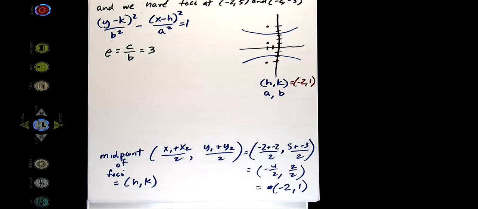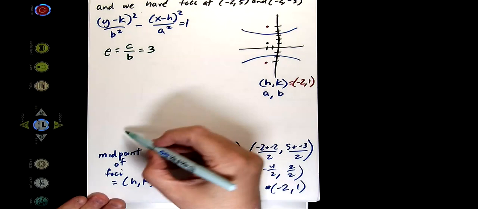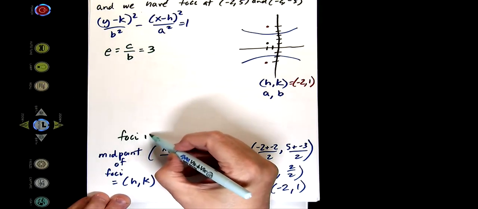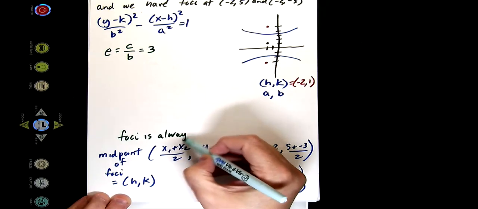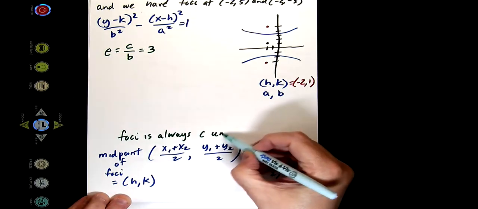How far away are the foci from the center? In general, not for this problem, but in general, the foci are always C units from the center.